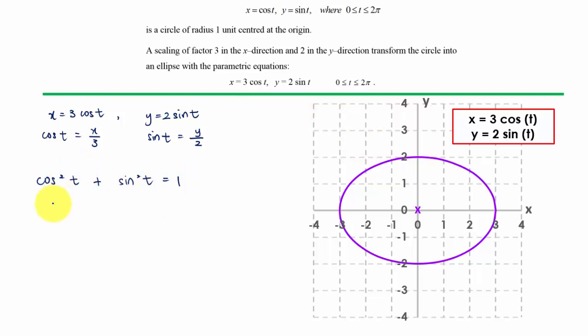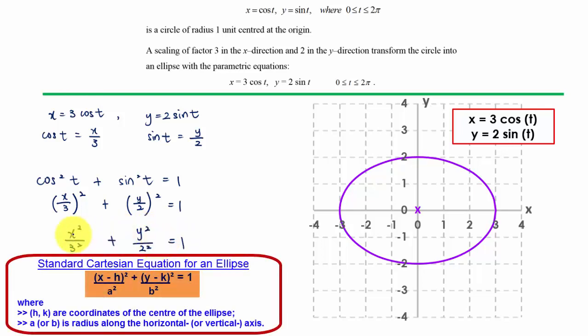Let's substitute cosine t and sine t into our equation. So we will get this expression over here. Simplifying this gives us an equation of this form. Therefore, this is the equation of the ellipse shown by this graph over here.